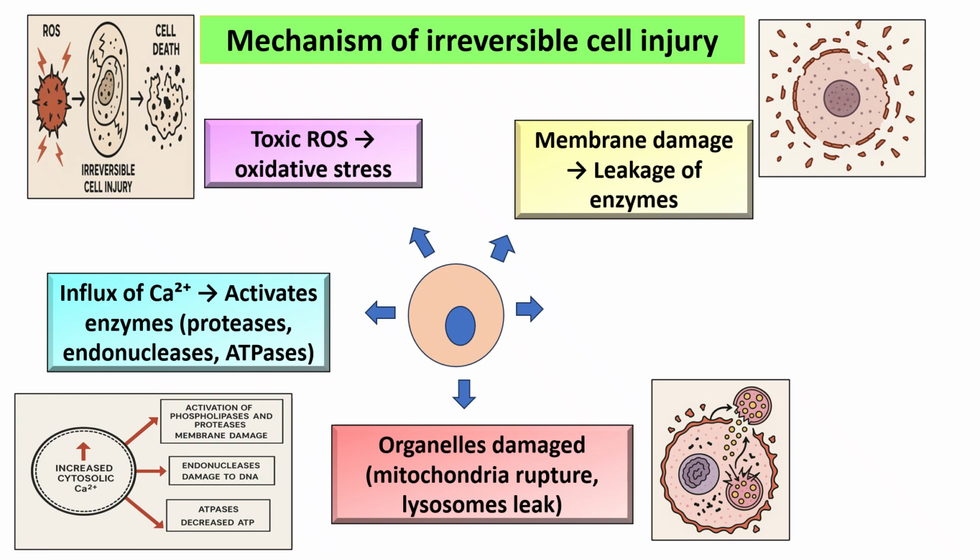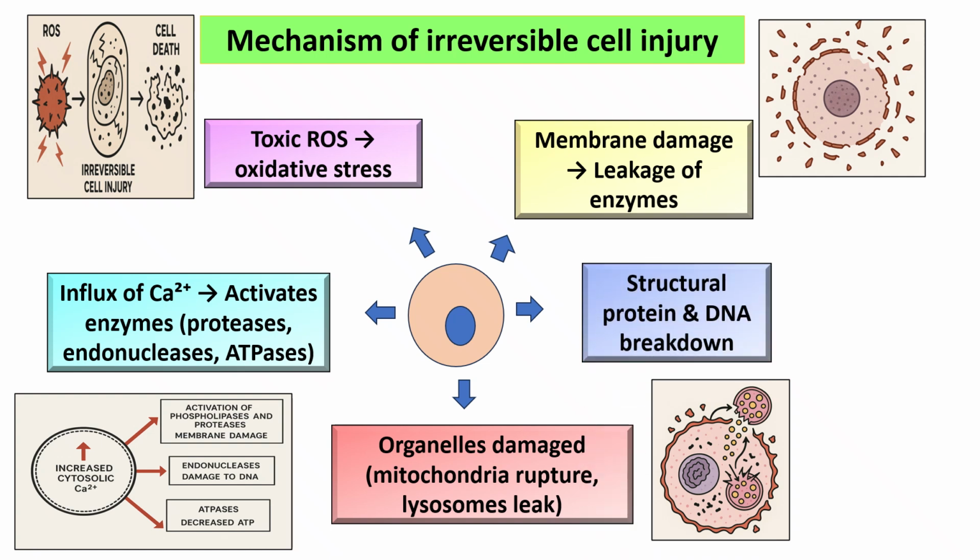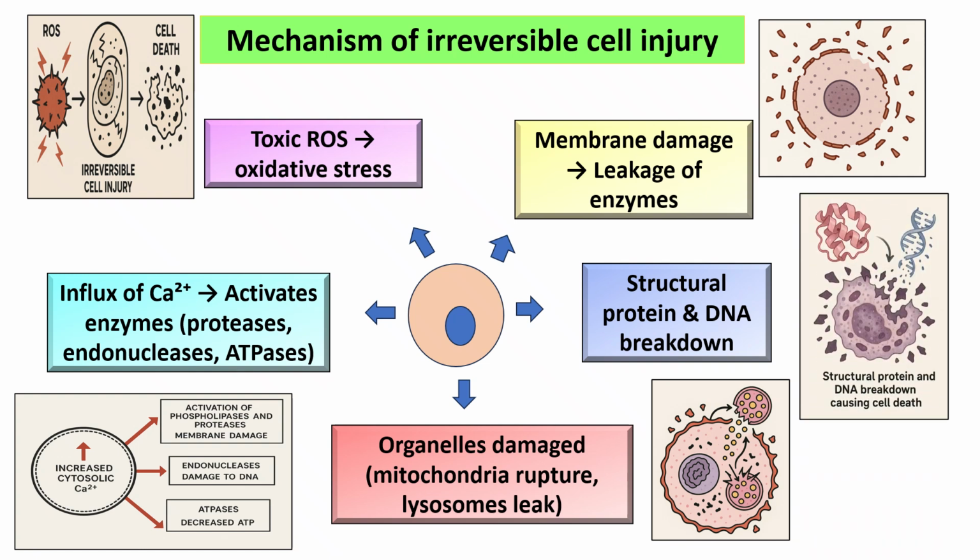So when there is lysosomal membrane rupture, there is leakage of hydrolytic enzymes from the lysosomes causing cell damage. And the last one is structural protein damage and DNA breakdown. So here you can see there is structural protein loss and DNA breakdown causing cell death.